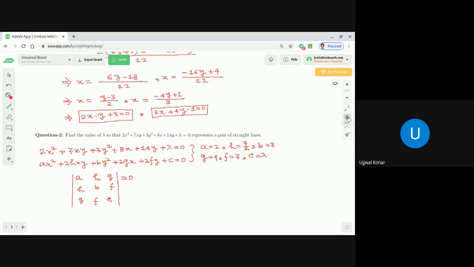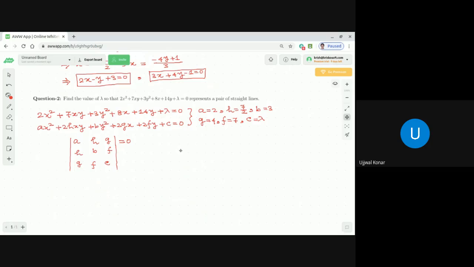Now, if we expand this determinant, it means the value of the expression has to be 0. What is the expression? abc plus 2fgh minus af square minus bg square.